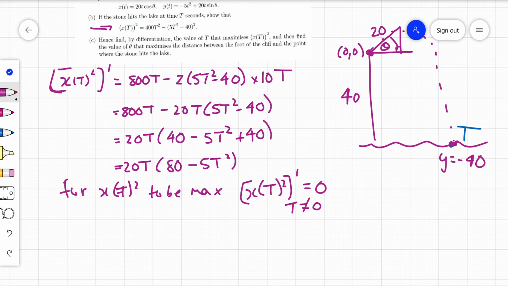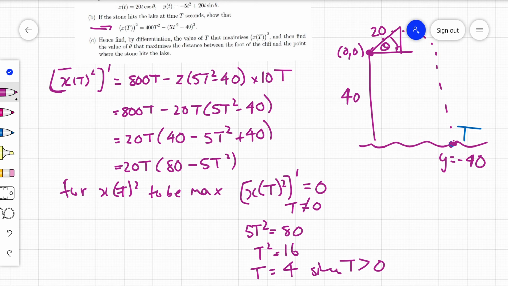So the other thing we can have is that 80 is equal to 5t squared. So t squared is equal to 80 divided by 5, which is 16. So t must be 4, since t is greater than 0.